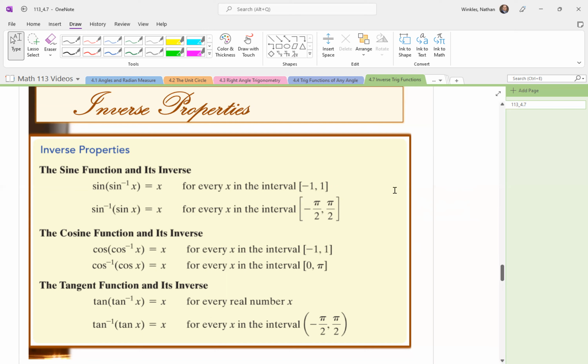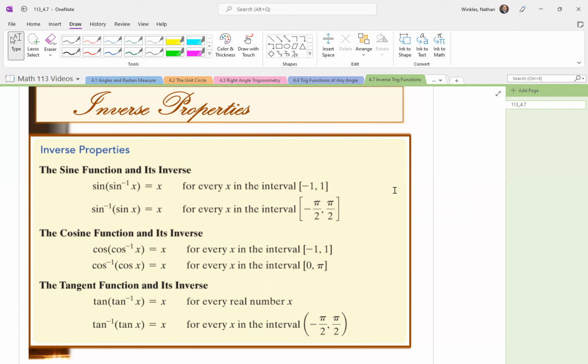Sine of sine inverse of x is equal to x for all x inside the interval -1 to 1. If we're outside of that, it doesn't work. Sine inverse of sine of x is equal to x for every x inside of -π/2 to +π/2. For cosine, cosine of cosine inverse of x is equal to x for every x in the interval -1 to 1 again.